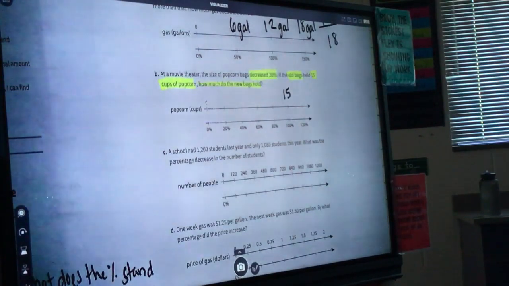How did you guys go about figuring that out? Kaden? We thought, there's only two numbers, 15 is divided by 5 and 3, and 5 would have only gone in 3 times, so we made a strategy and just counted by 3 until we got there. Okay. So you looked at divisibility rules and said 3 and 5. 5 won't work, so it's got to be 3. Did anybody else do something different in your group?